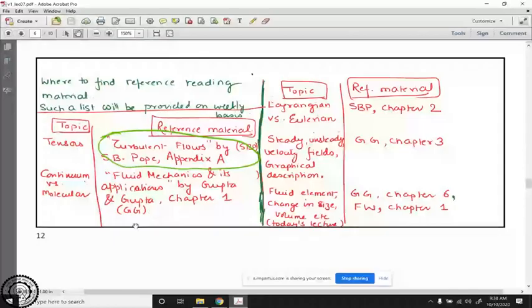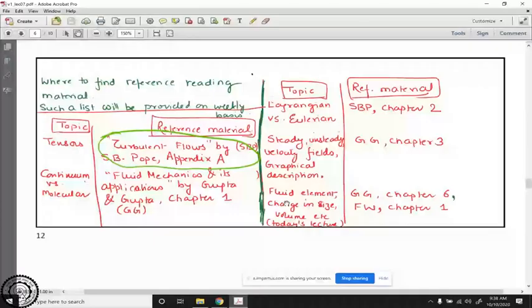Okay. Lagrangian versus Eulerian, again, you can go to S.B. Pope, Chapter 2, this book. Steady, unsteady velocity field and graphical descriptions, what I have mentioned so far in today's lecture. GG means Gupta and Gupta.